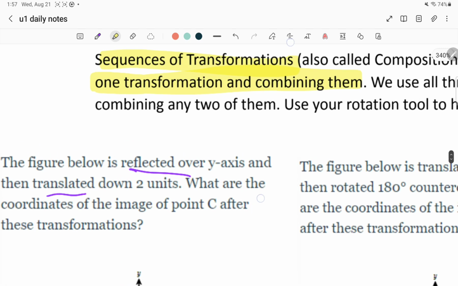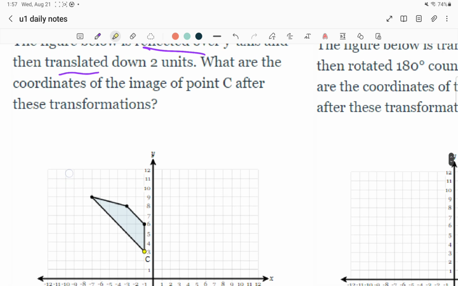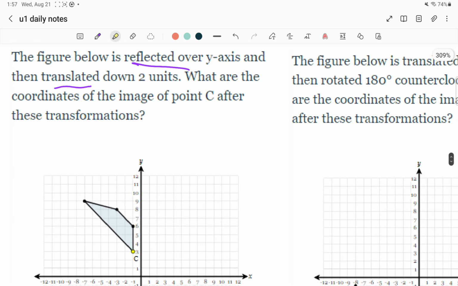Okay? So first thing we're going to do is the forward way, if you will. I'm going to start on point C, and it's giving me things to do, and I need to find where C is going to end up. So the figure below is reflected over the y-axis and then translated down 2 units.